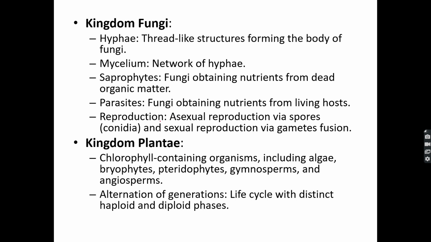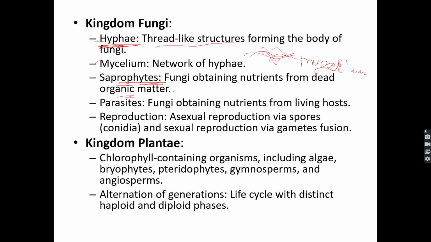Now coming to kingdom Fungi. Kingdom Fungi have specific characteristics. They have hyphae. Hyphae are thread-like structures present in the fungus body. And when these hyphae form a network among themselves, it is called mycelium. And they are basically saprophytic.